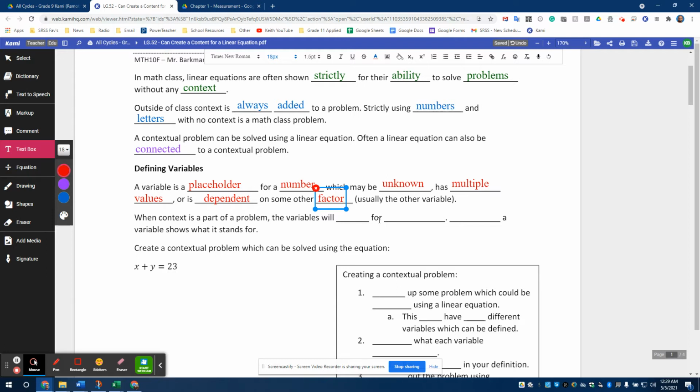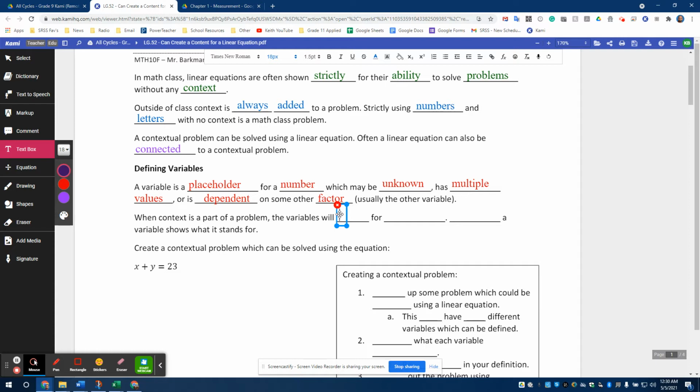So as x gets bigger, y is going to get either bigger or smaller, depending on the way the equation works. It could also just be a placeholder for a number because we're not so sure what it is at that point. Or there might be a whole bunch of values which could be the answer. It could be a whole bunch of different solutions.